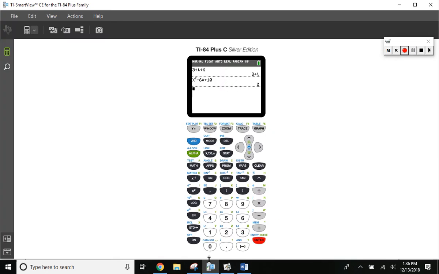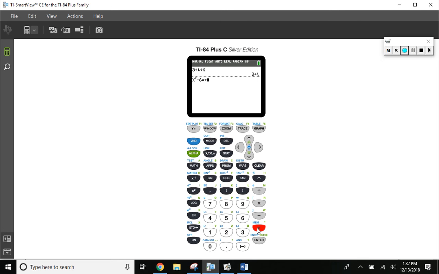So we're storing what? We're storing 3 plus i. So 3 plus i, second decimal, STO key as x. Enter. What was my equation? x squared minus 6x plus 10.